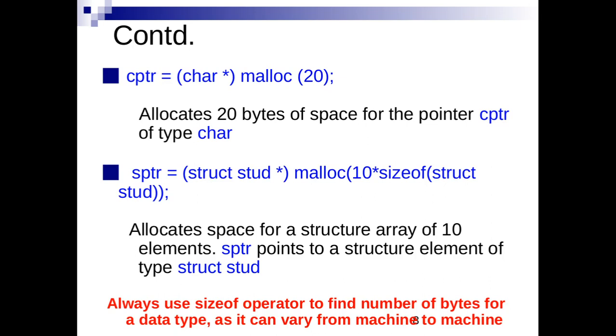Malloc will allocate those many bytes and then return the address of the first of those bytes, which after suitable typecasting can be assigned to sptr, which is a pointer that points to a structure variable of type stud.